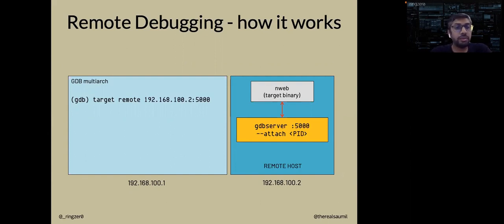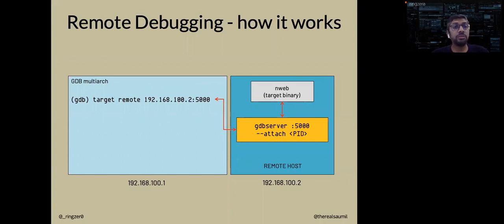Now, once GDB is issued with the target remote command, it will connect using its own GDB server protocol, and then you will be able to remote control the debugging session of the target binary through your desktop environment.